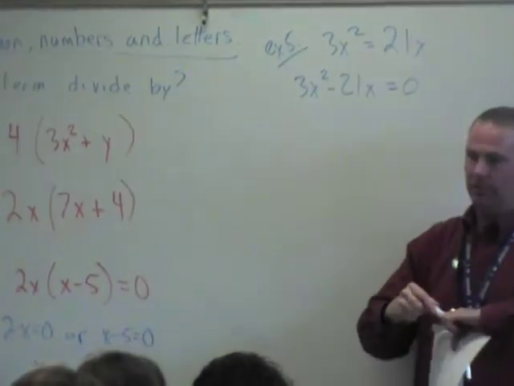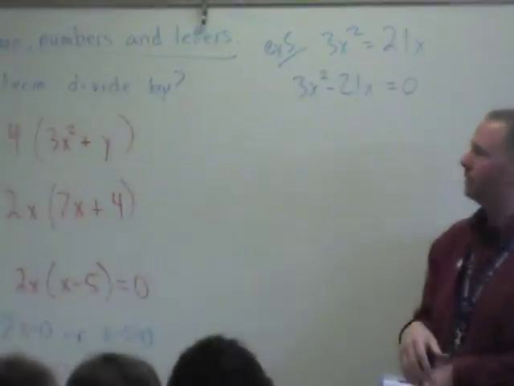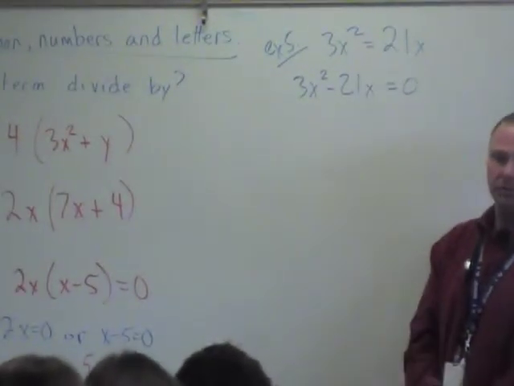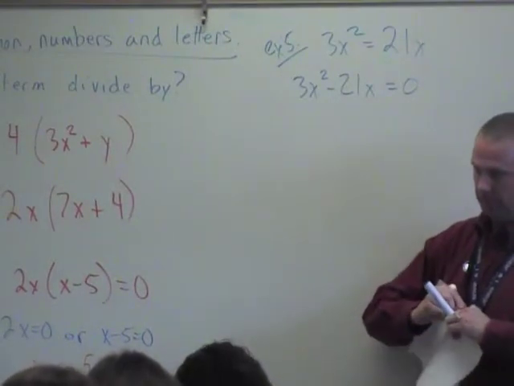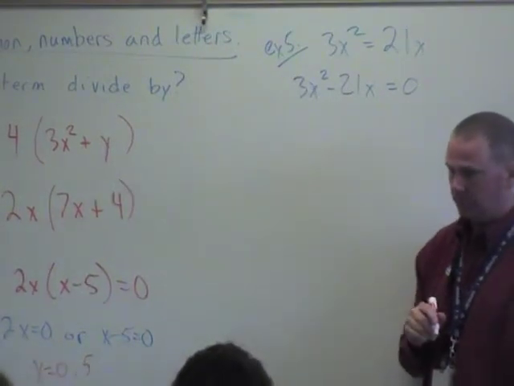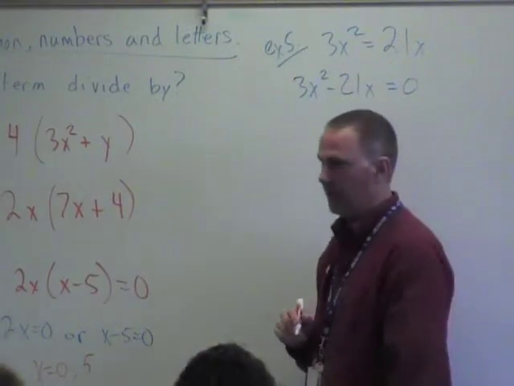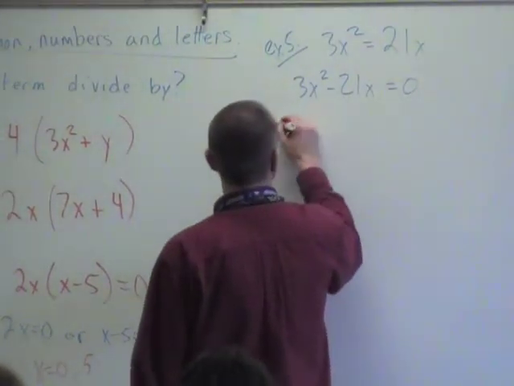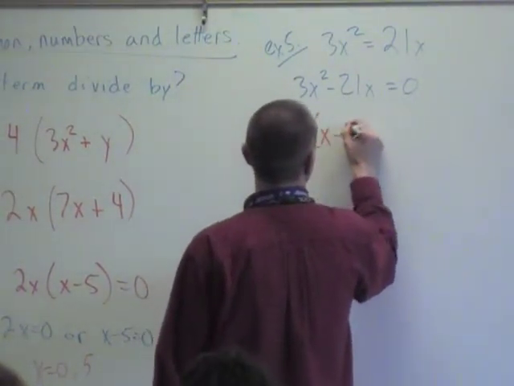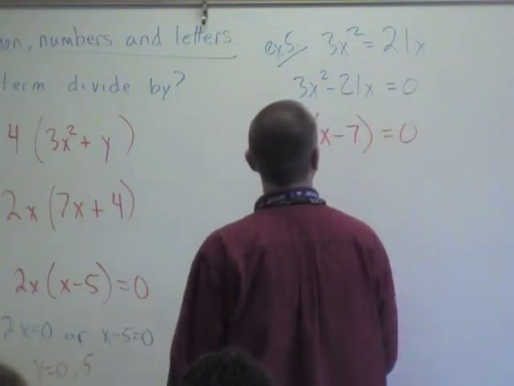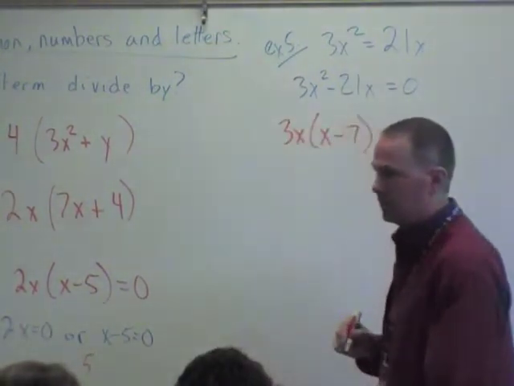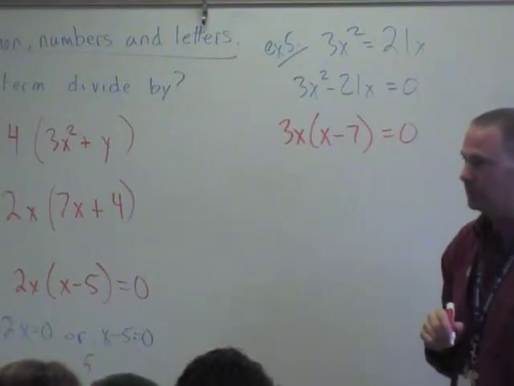Wait, wouldn't that be 1? No. So factor it, everybody. What's the factored form, Nate? 3x parentheses x minus 7. Excellent. Now everybody solve it.